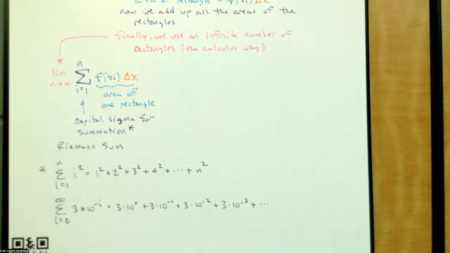When we have a finite count, it's helpful to know the number of terms. But in this one down here, I've got 3 times 10 to the negative i, as i goes from 0 to infinity. So we could start wherever we want. We don't have to start counting at 1. It's also going to be acceptable in future to just put in infinity instead of writing limit as n goes to infinity, mainly because we mean a different thing.